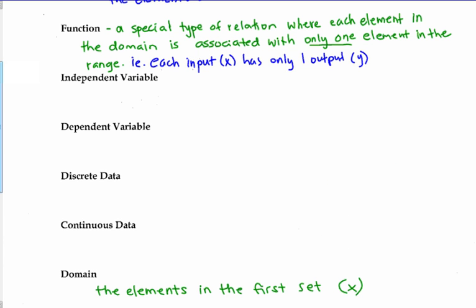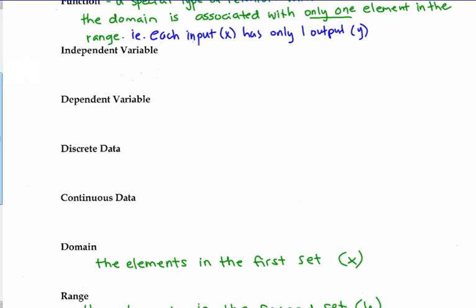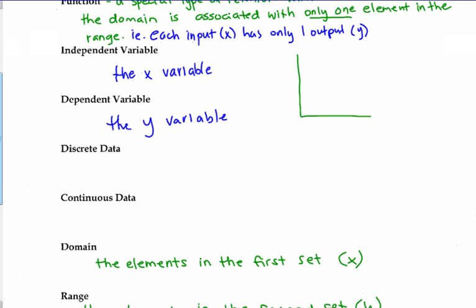All right, so what's the independent variable? At 1 point, you can't be at two places. The independent variable is the x variable, and the dependent is the y variable. So if you had a graph, kind of like science, manipulated and responding, right? We say y depends on x. That's why y is the dependent.